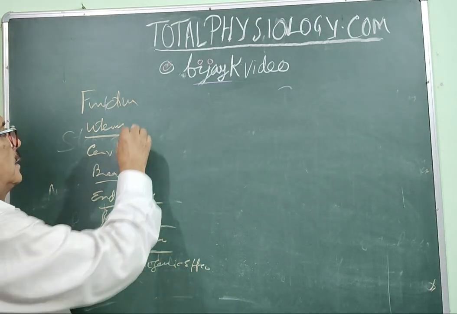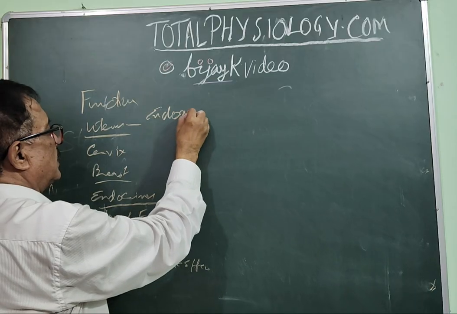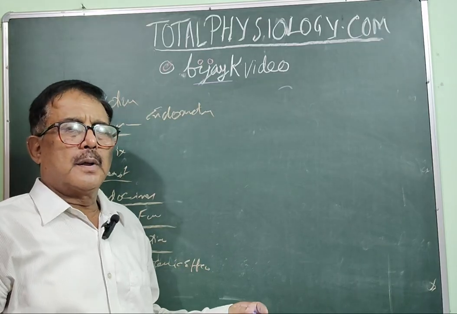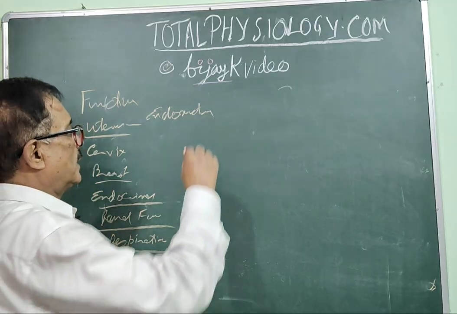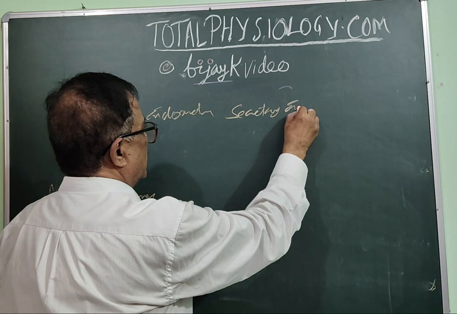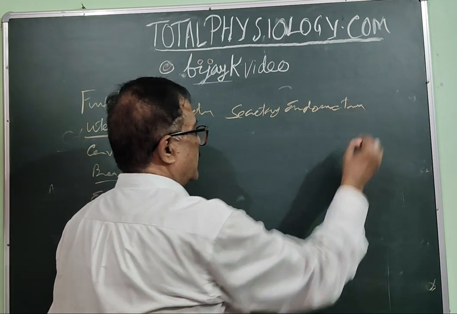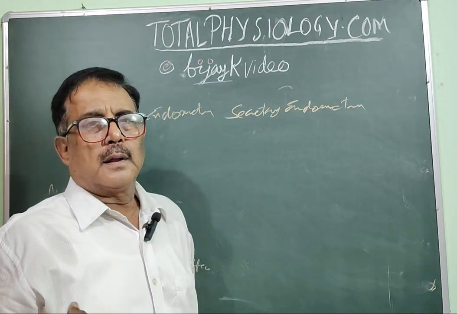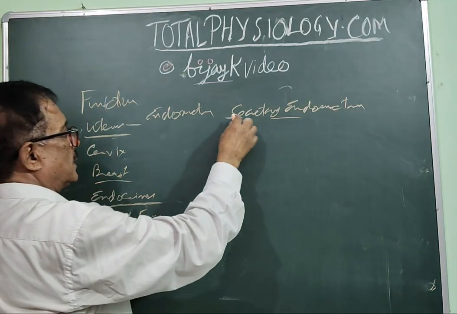On the uterus, first on the endometrium. On the endometrium, estrogen-primed endometrium is transformed into secretory endometrium. The thickness of the endometrium increases, blood vessels become tortuous, and it becomes secretory.